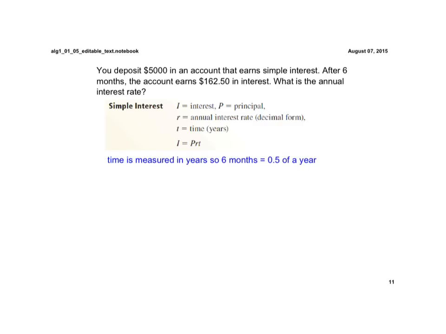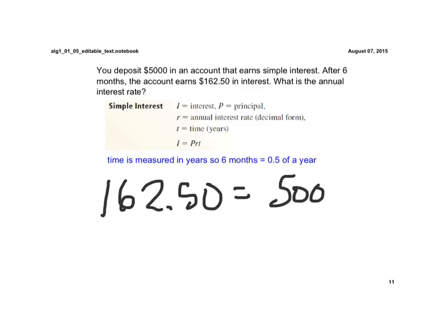So you deposited your principal, so the interest you earned was $162.50. The principal that you put in was $5,000, and that was after 6 months, so that's 0.5, and then you want to find the rate.